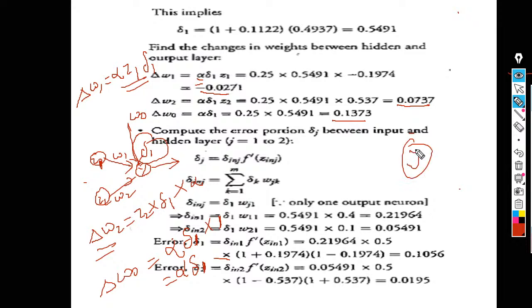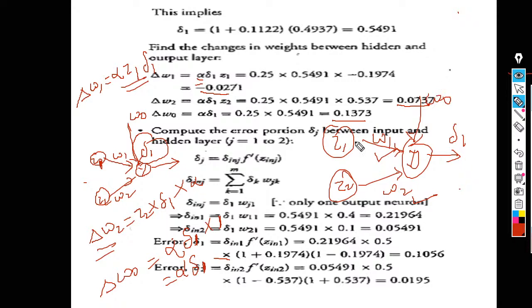We calculated the output, then found the error and got delta 1. These two weights, w1 and w2, connected z1 and z2, and we calculated the change in weights of w1, w2, and wo. Now this propagates in this particular direction towards the input side, right?